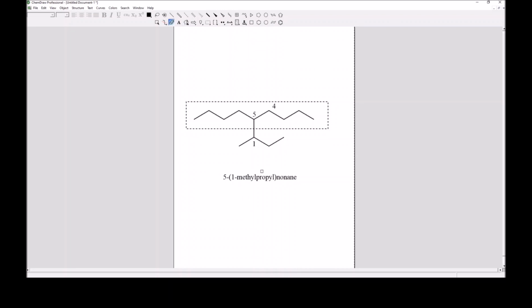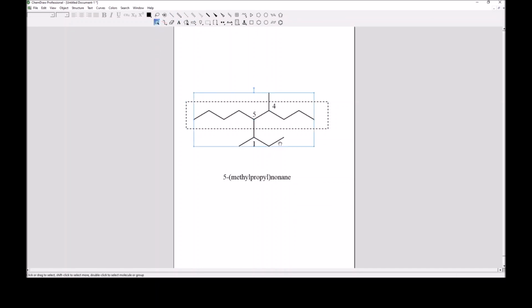So at the 5 position of my parent chain, I have a branched substituent. Digging into that branched substituent, there is a propyl group that is extending directly out from my parent chain, and then coming off of the propyl group at the 1 position of the propyl group is a methyl group. 1s are entirely optional, and so if you leave a 1 off, then we just assume that you meant it. So this would also be a correct name for this compound, an equally correct name.